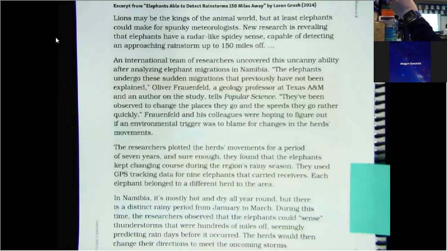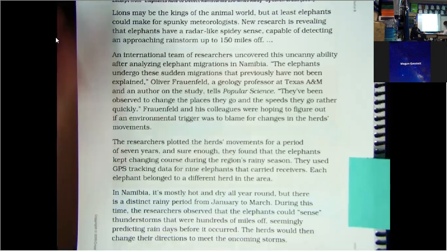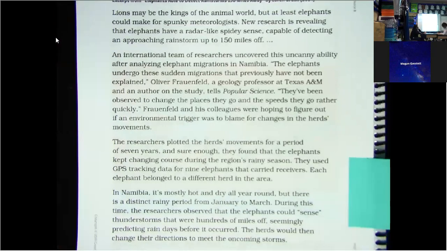Talking needs to go. Okay, there's your article.